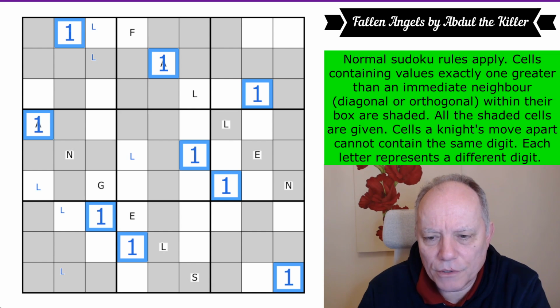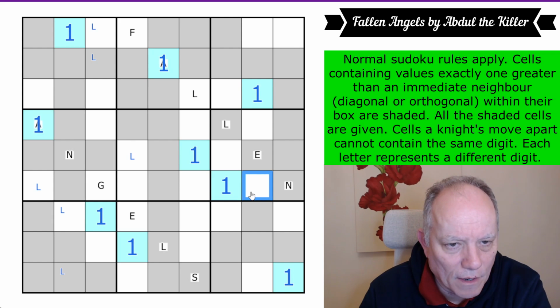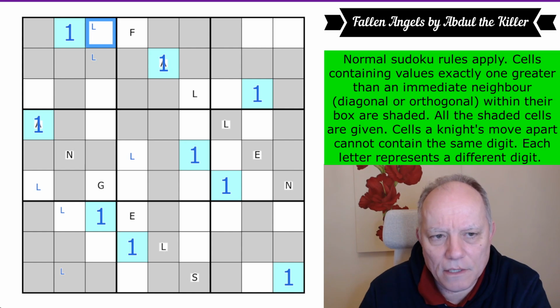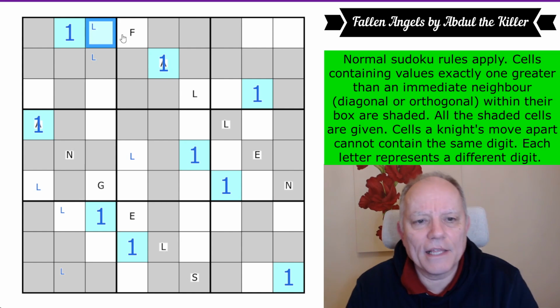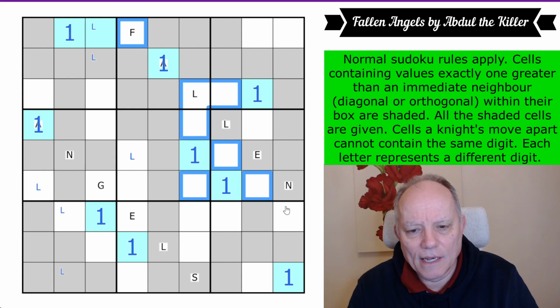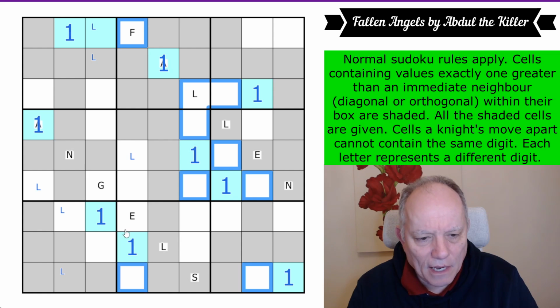Now, I'm going to choose a colour that I can still tell what's grey and what's not. So let's go with the blue. Now, 2 cannot be here because this cell would not be white. So anything touching a 1, even diagonally, that is white, I'm going to colour.